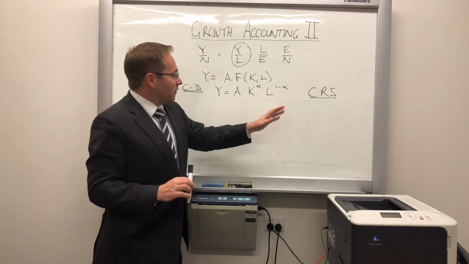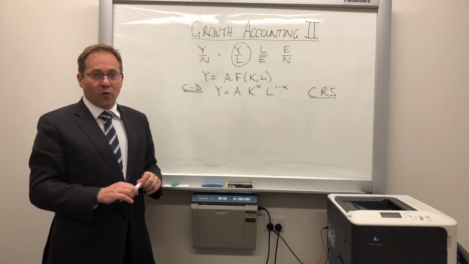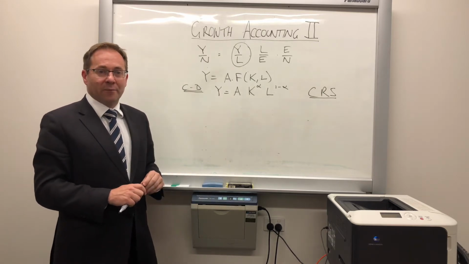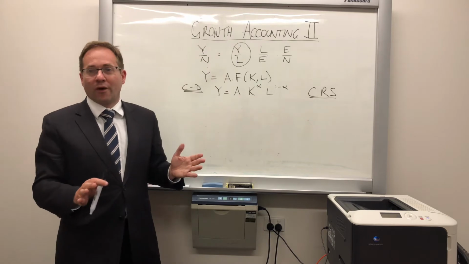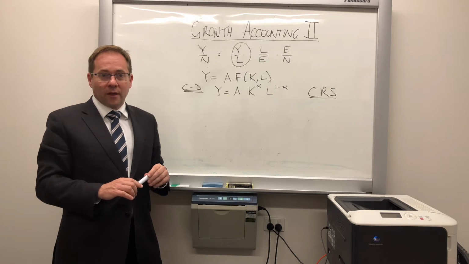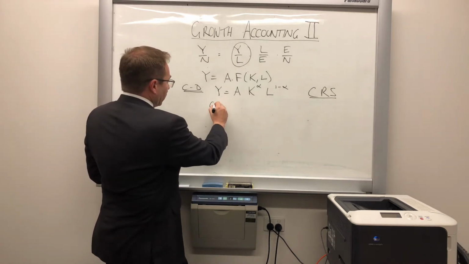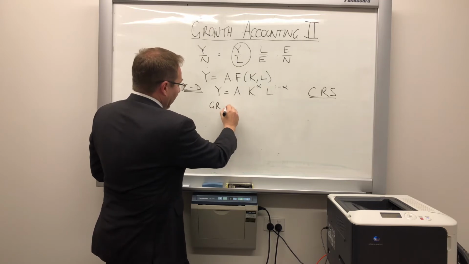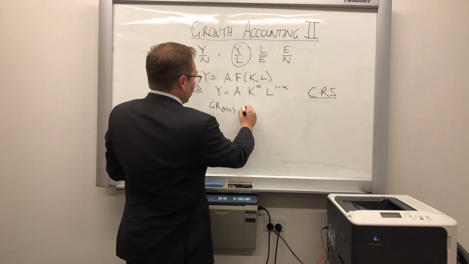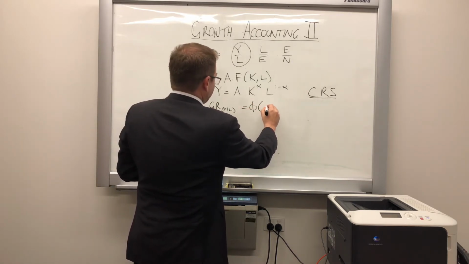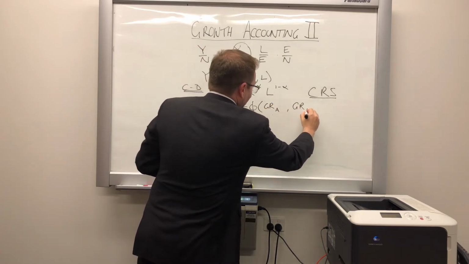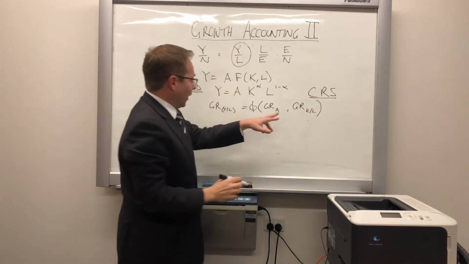Now, the reason I say that that's the workhorse model for macroeconomists is that when we do some fairly basic high school mathematical manipulations to this production function, which I won't go through now, and when we do make an assumption of constant returns to scale, then we can end up with the growth in Y on L, or the growth in output per worker falling out of this equation, has a relationship to just two things: the growth rate in A and the growth rate in the amount of capital per worker.